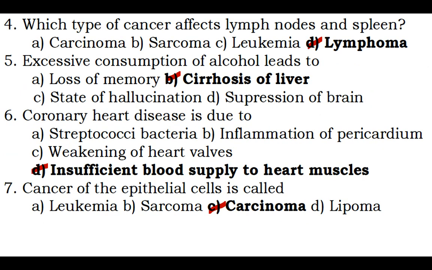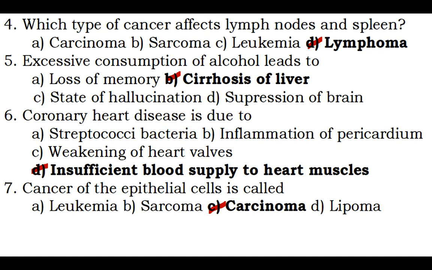Question number 4. Which type of cancer affects lymph nodes and spleen? Option D, lymphoma. Question number 5. Excessive consumption of alcohol leads to. Option B, cirrhosis of liver. Question number 6. Coronary heart disease is due to.